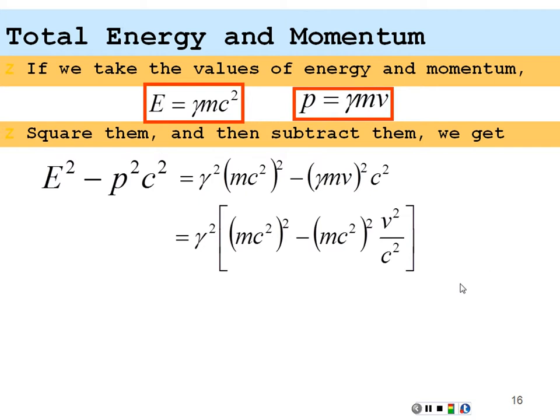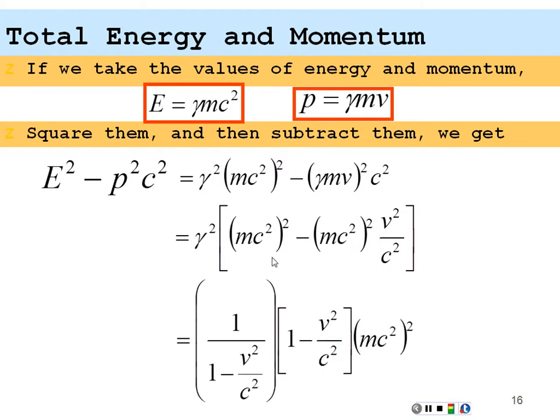Factor out a gamma squared on both terms, and we have mc squared squared minus mc squared squared v squared over c squared, which we can factor out an mc squared squared, and we have gamma squared, which is 1 over 1 minus v squared over c squared, times 1 minus v squared over c squared. Those cancel out, and we end up with mc squared squared.